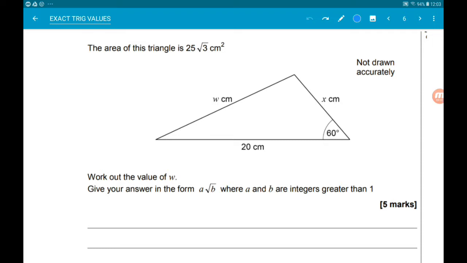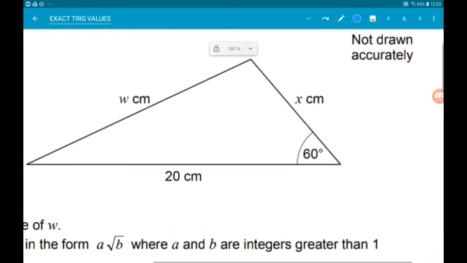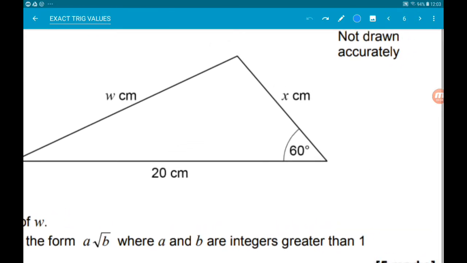Okay, so what do we know? Well, we know the area of the triangle. We know this one angle over here of 60 degrees. We have only one side that we know, and one is x and the other is w.